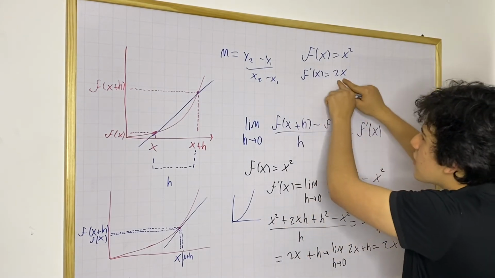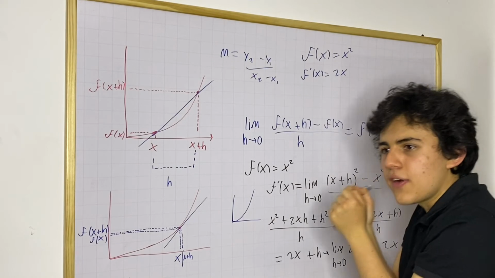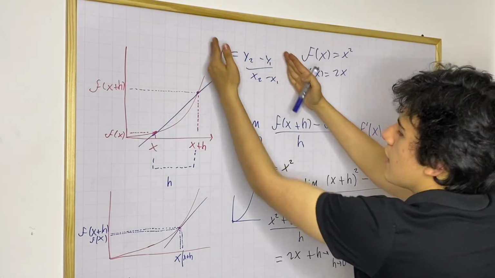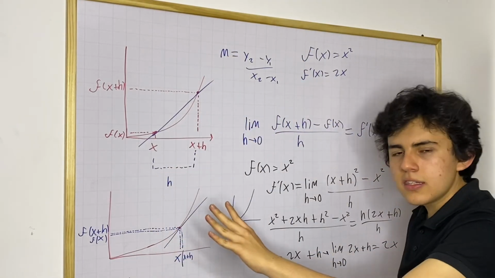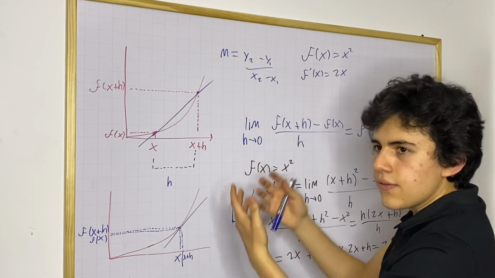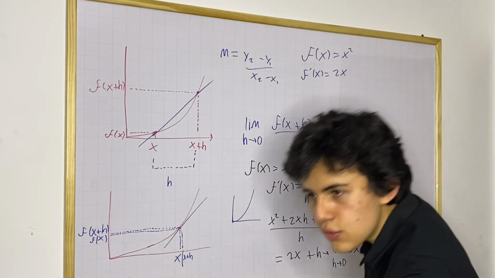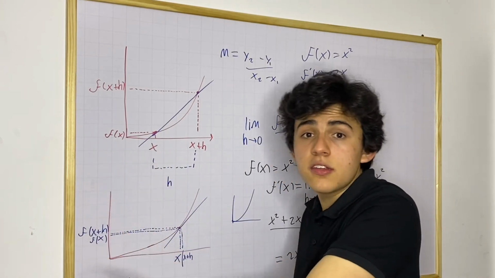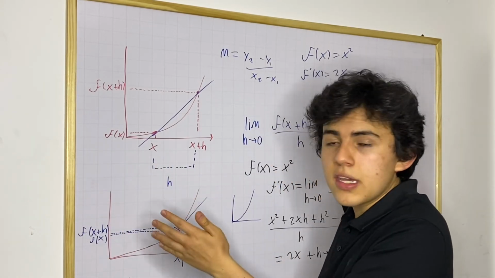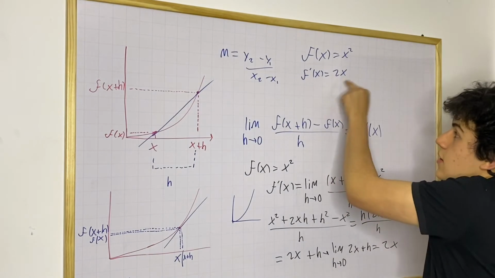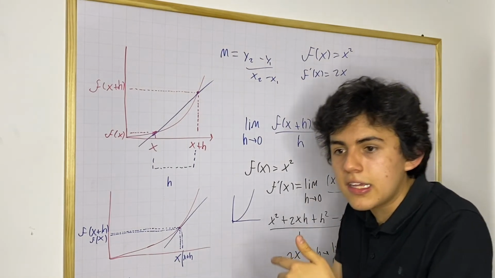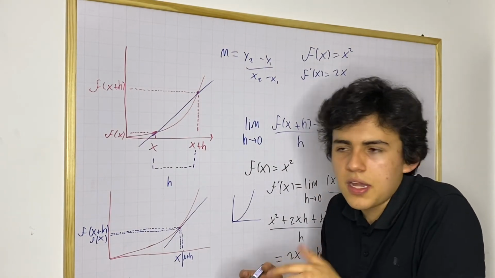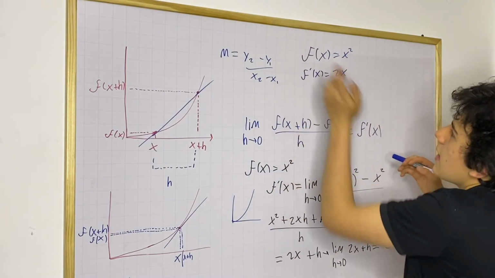We need to find an expression that allows us to find the slope at every x point for a given function. Basically, we need to find another function, because if you want to have a lot of x points, you need a function so you can plug in different inputs. And this is our function. We have a different function that is derived, that is why it's called the derivative, from f.